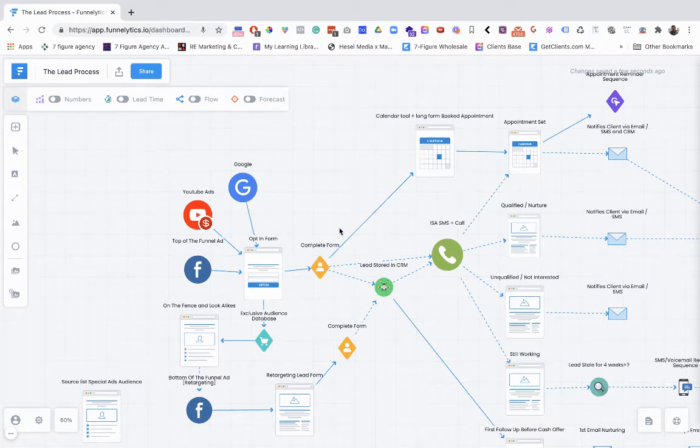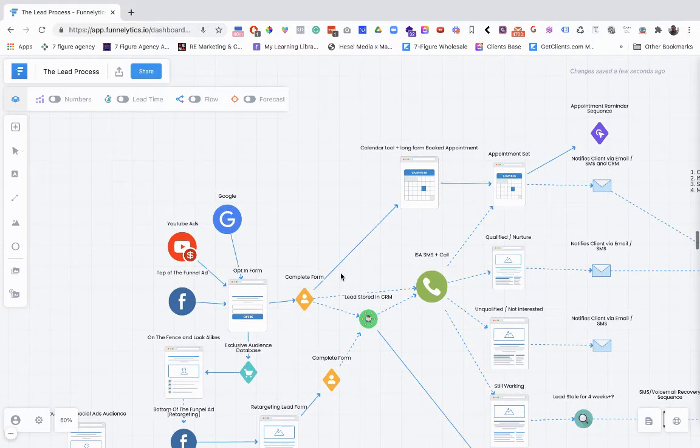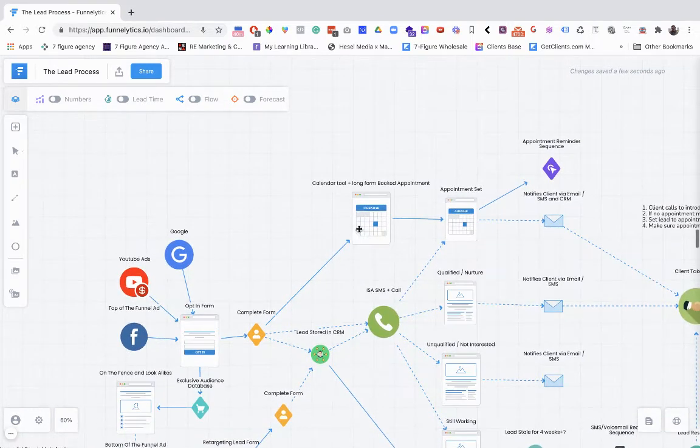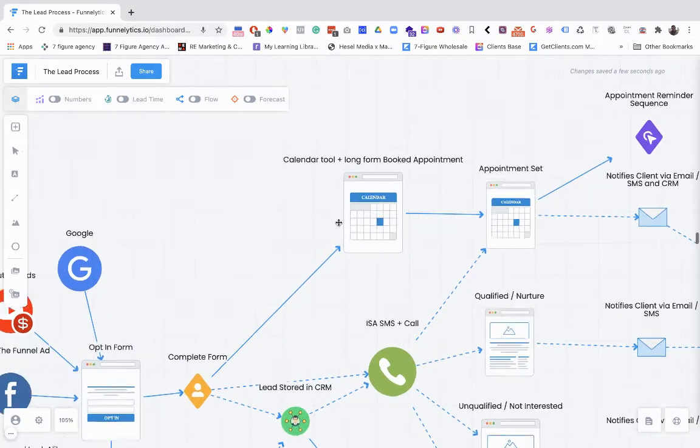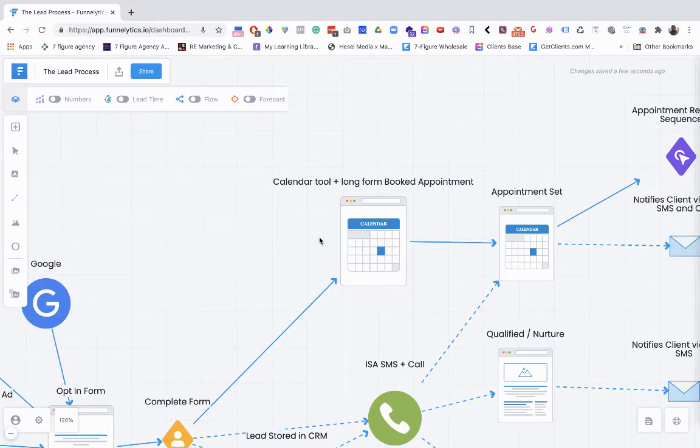The leads will also have a step two. There will be a point where leads have the ability to self-book an appointment through your calendar. This calendar is usually integrated within the CRM, or there are different tools to do this. But this calendar will have more questions about the situation.